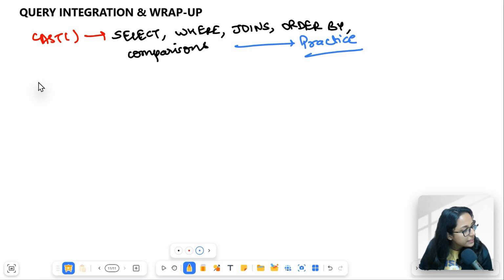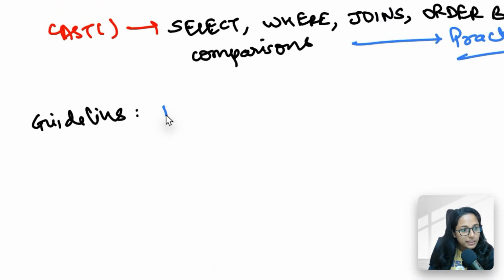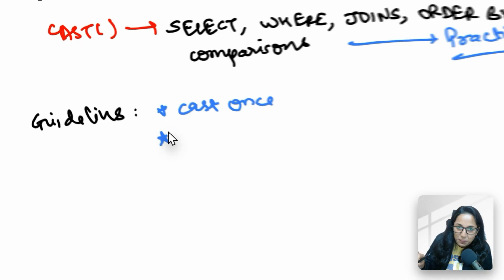Then secondly, what we have seen is how designing beginner friendly queries with cast looks, right? So we have seen some guidelines. Some guidelines were: only cast once, no need to mess that up, no need to complicate your query.